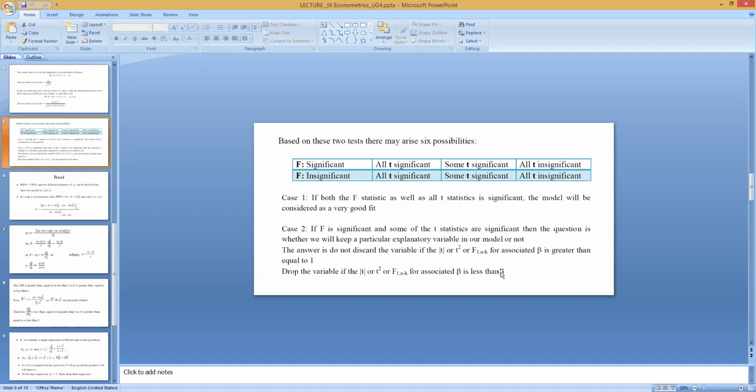Then you can rerun the regression and check whether F is improving a little bit. If F improves and becomes significant at 5% level or 10% level, in that case, we will continue with the model. Otherwise, again, we have to redo the exercise.